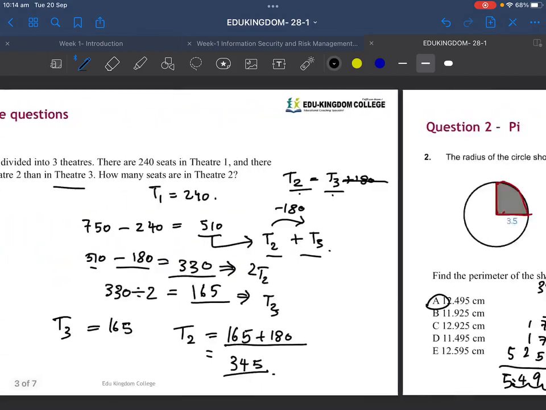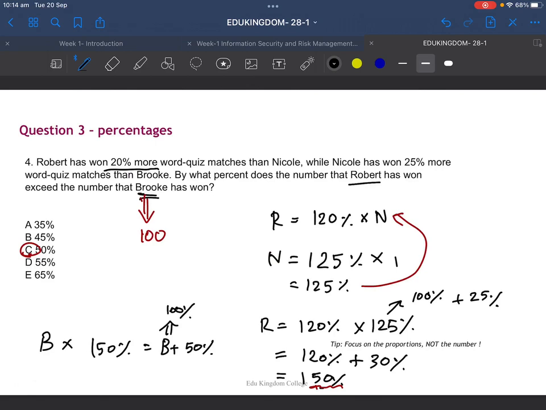If I look at this question, Nicole and Brooke, and Robert, remember how I said that we didn't actually have to find out what 125% of 120% is. We can still find the answer that way, but we don't have to. Why?